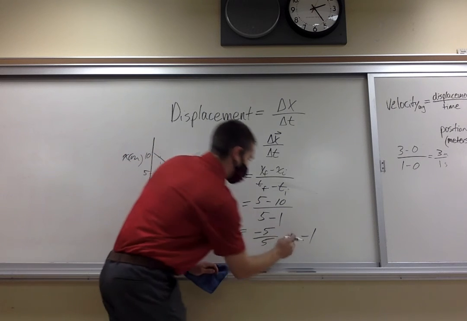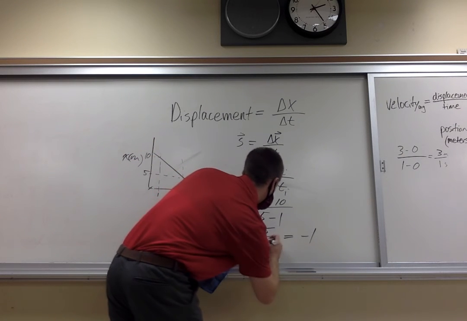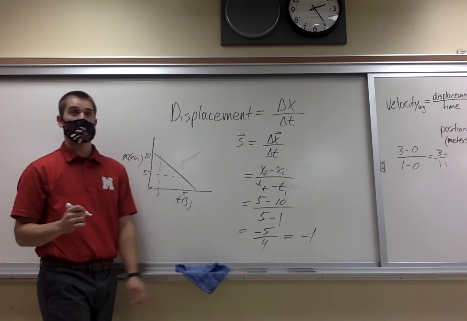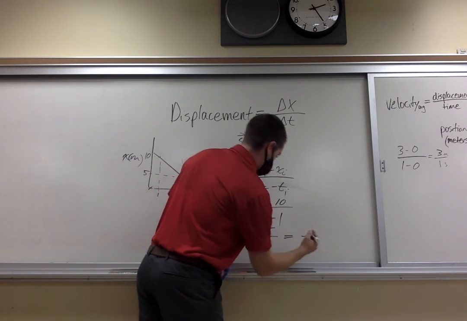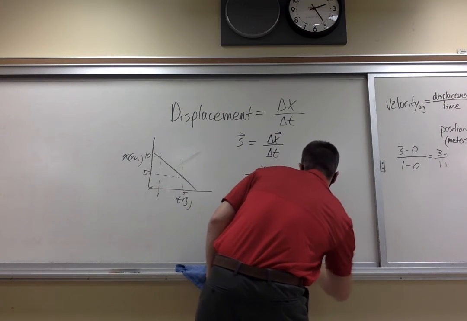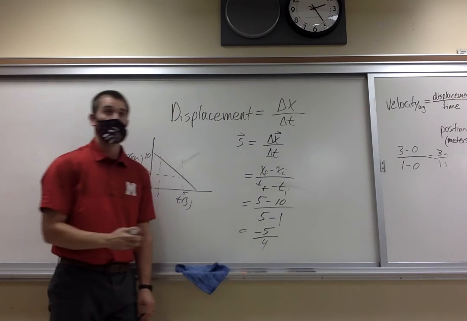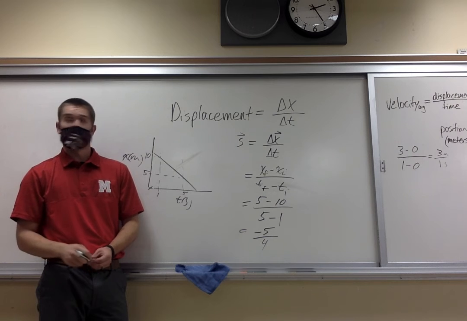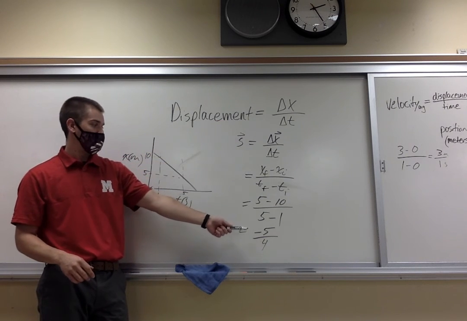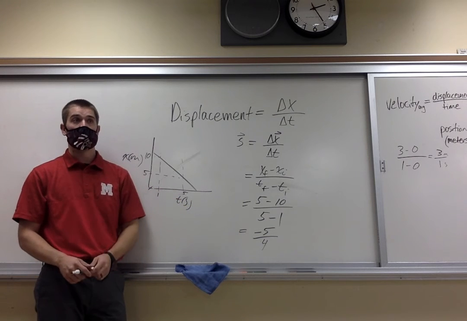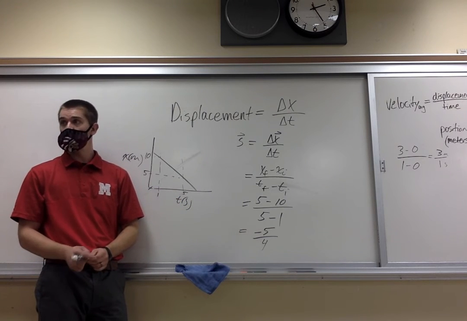5 minus 10 is negative 5. That's my displacement I calculated. What are the units of this displacement?